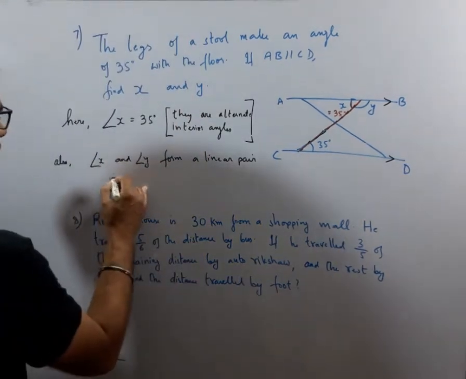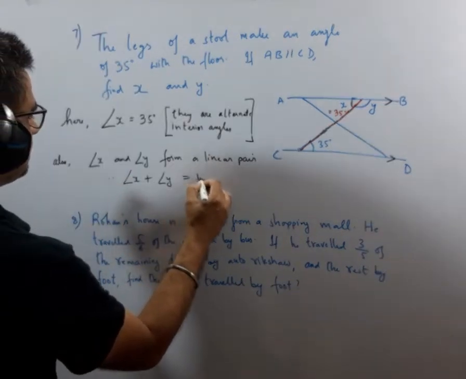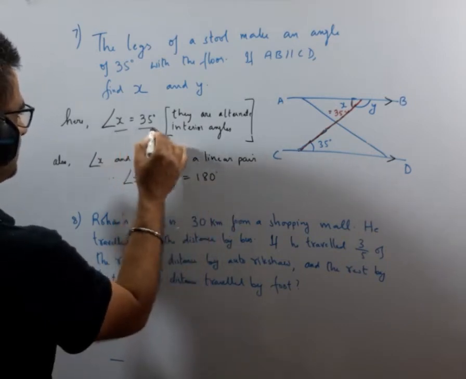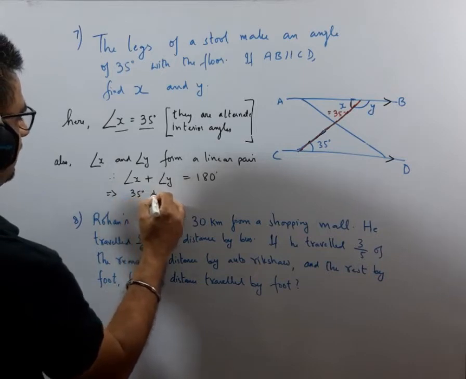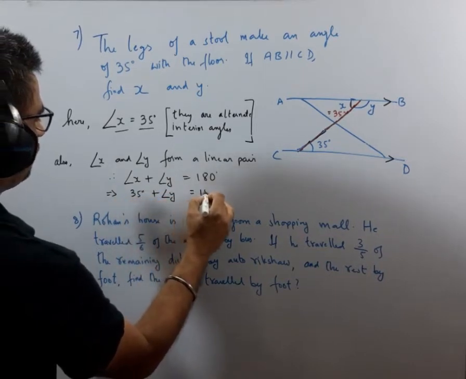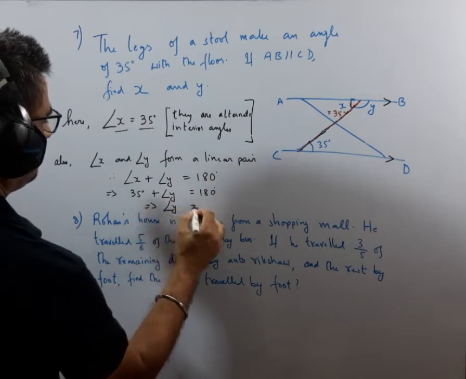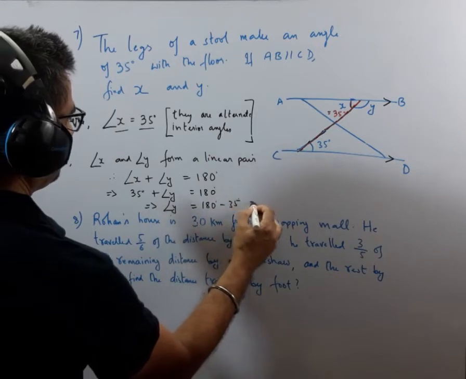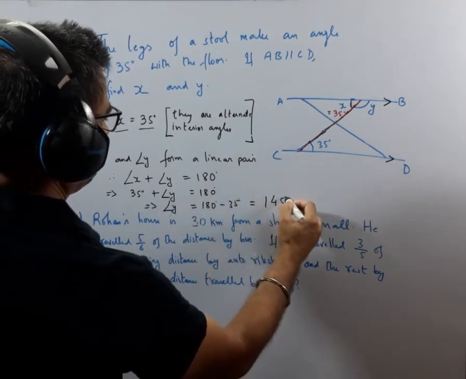Therefore, angle X plus angle Y is 180 degrees. We already know X is equal to 35. That implies 35 degrees plus angle Y is equal to 180 degrees. That implies angle Y is equal to 180 minus 35, and that comes to 145 degrees.